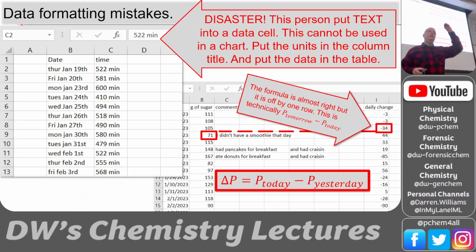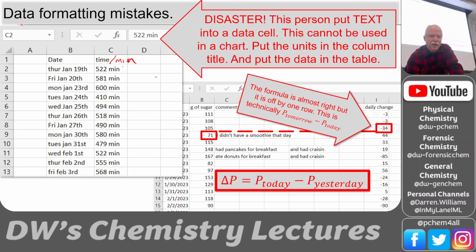So I always put the units in the heading. They would put time, divide mark. So this is how you do it. You would put up here time, divided by minutes. Now, why is it divide?